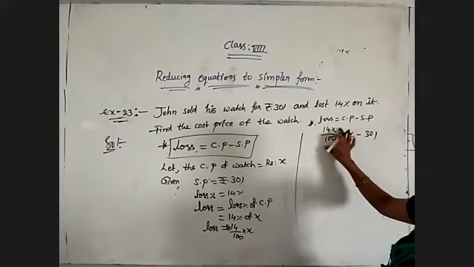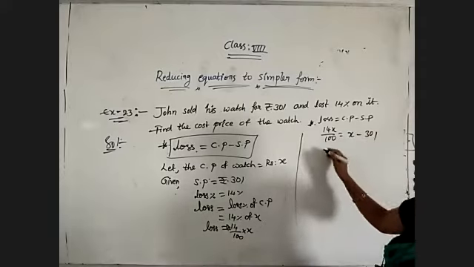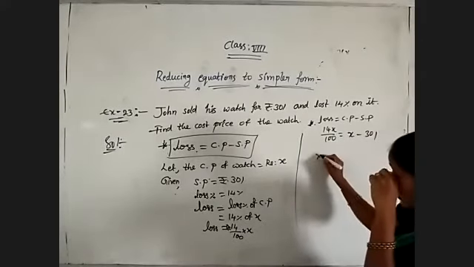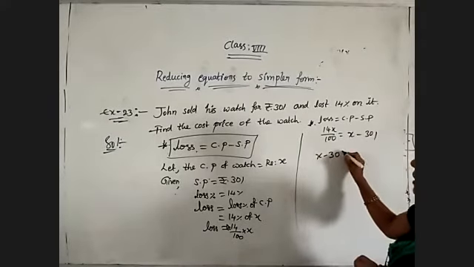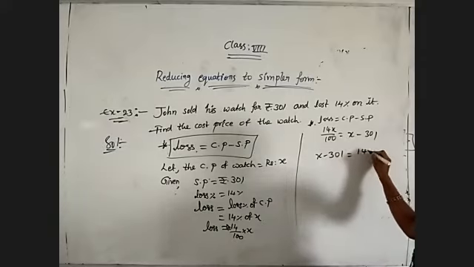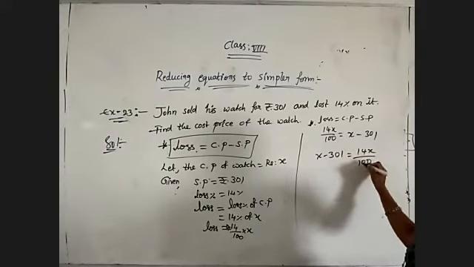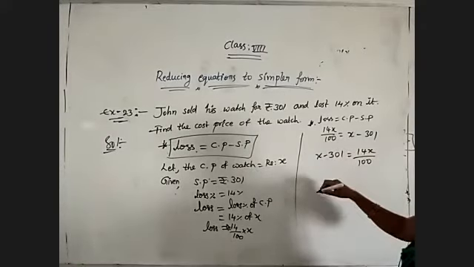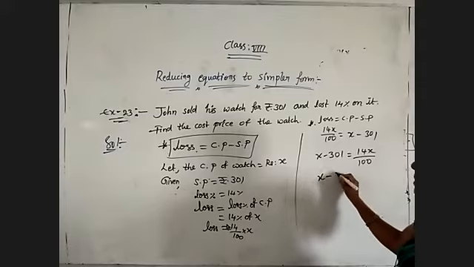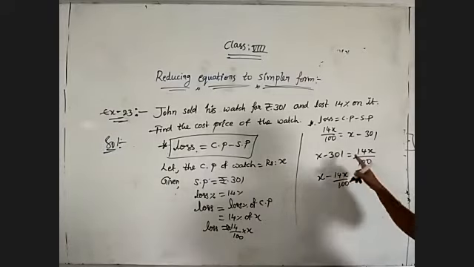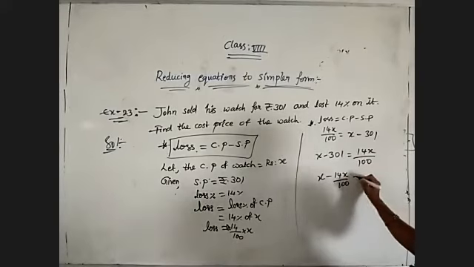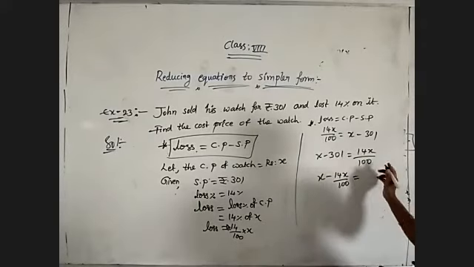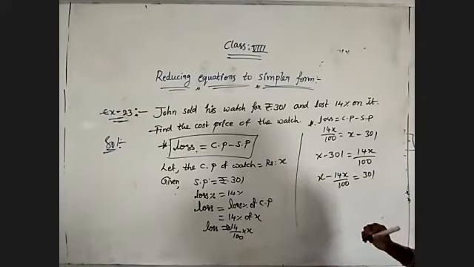First I am changing LHS and RHS: x minus 301 is equal to 14x by 100. Now bring the x term to this side: x minus 14x by 100 is equal to minus 301, and by bringing this side, plus 301.